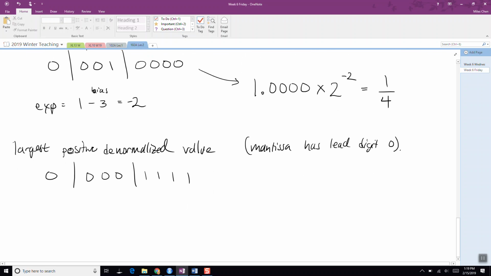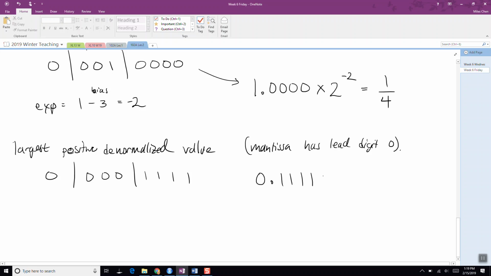And so when we do this, we'll have 0.1111. Because if we were just counting in binary with 4 binary places behind the point, this would be the biggest number I can have before I get to 1.